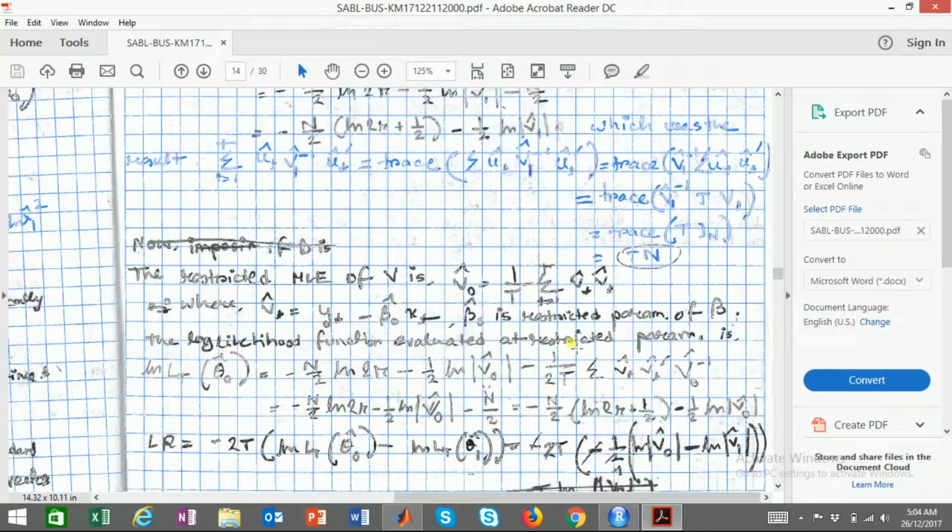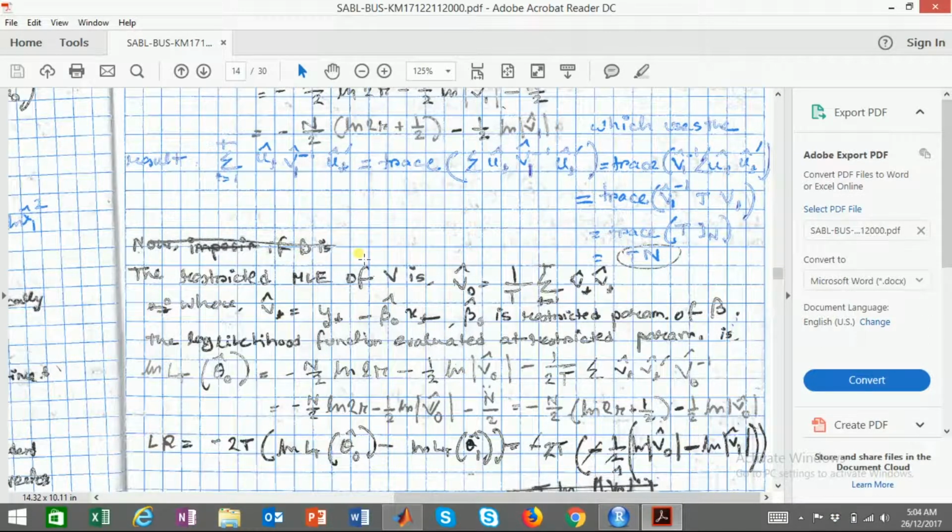Now in this case, the restricted maximum likelihood estimator of the covariance matrix v is v naught. Previously we talked about v1 hat, the unrestricted maximum likelihood estimator of the covariance matrix v.